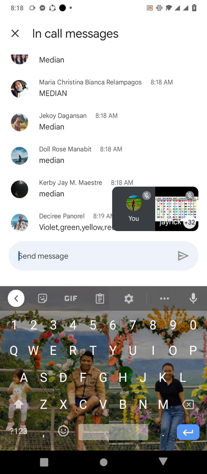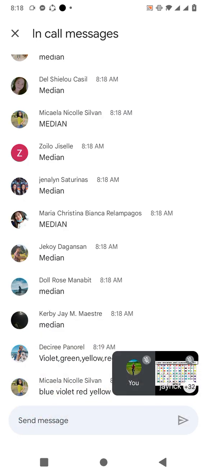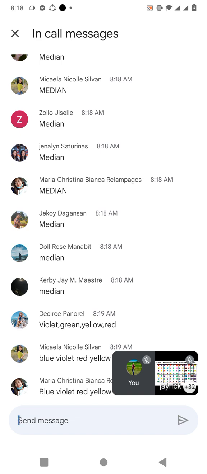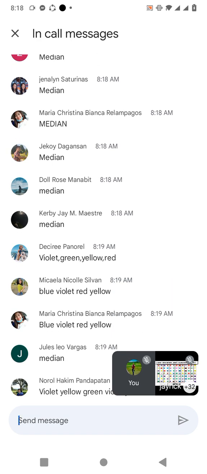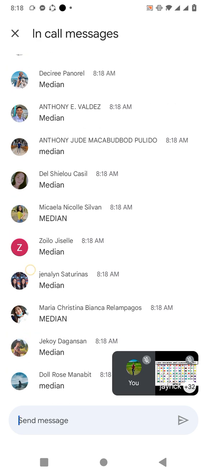According to Ma'am Desiree Panoril, who is very active, the color is violet, green. Tama ba na may violet and green?